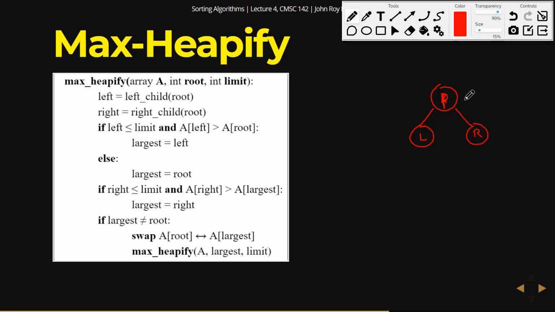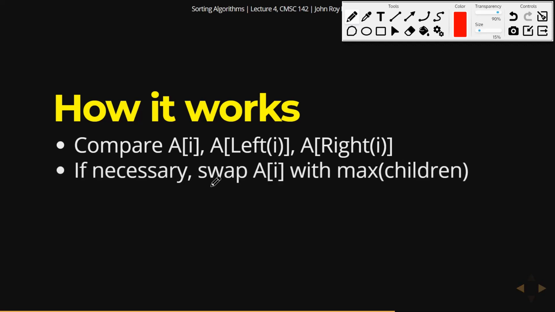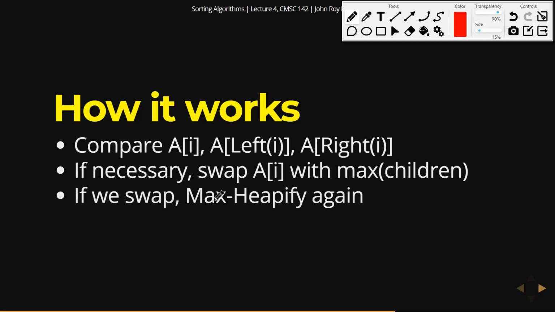Is the left greater than this one, or the right greater than this one? If it is, then we'll swap the parent with whichever is bigger of the two, and while we do that, we'll need to max heapify that part again. So again, compare the three. If necessary, swap A sub i with the maximum of the children, and if we swap, we need to max heapify again.